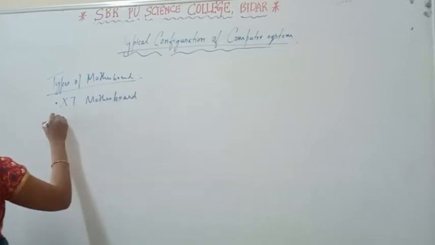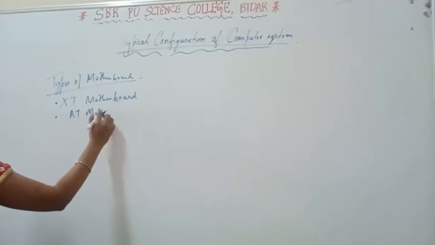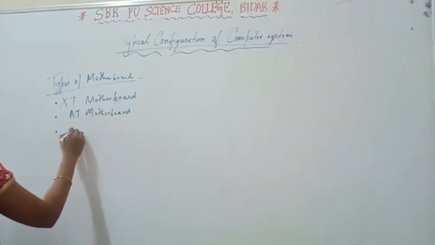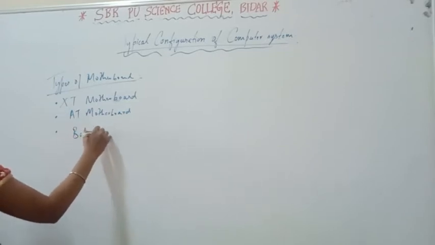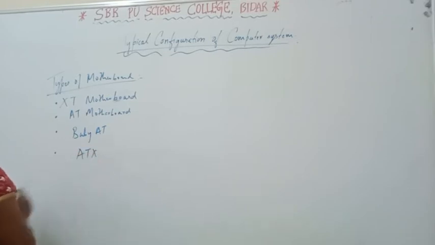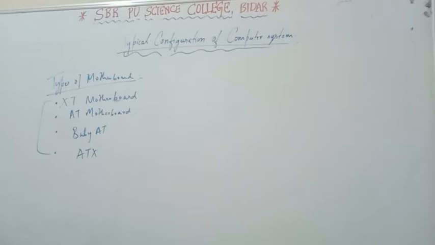Second is AT motherboard. Third, baby AT. Fourth one is ATX. So four main types of motherboards have been invented, we can say.